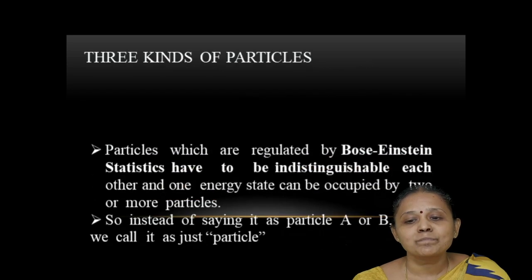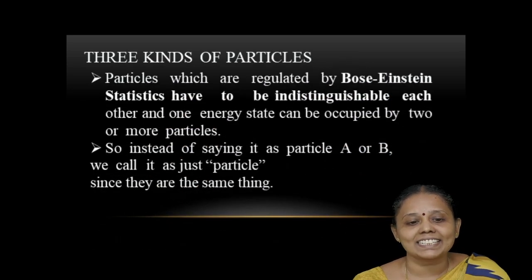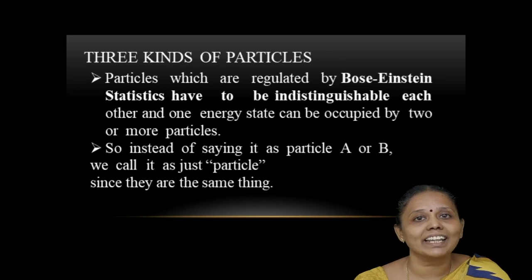Next comes Bose-Einstein statistics. Here the particles are indistinguishable from each other. Also, one energy state can be occupied by two or more particles. So, instead of saying particle A and B, we could just call it a particle, since they are the same thing in the case of Bose-Einstein statistics.